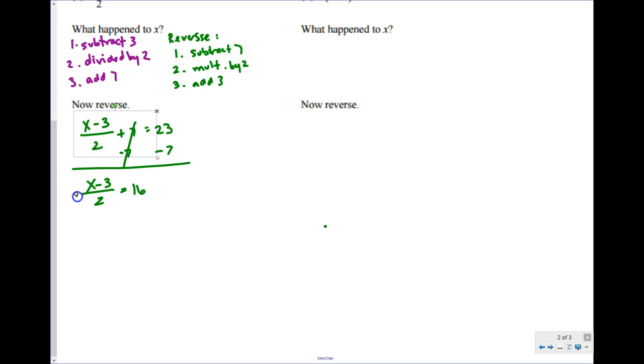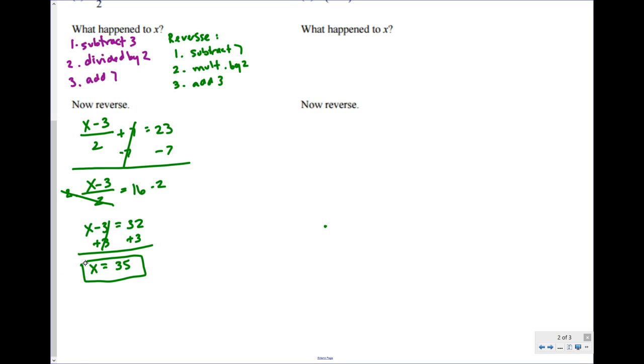Multiply by 2. That cancels out the denominator, and I have x − 3 = 16 times 2, which is 32. Final step here, add the 3. Remember, I'm following this 1, 2, 3 that I reversed. So my final step is to add 3. So x = 35.